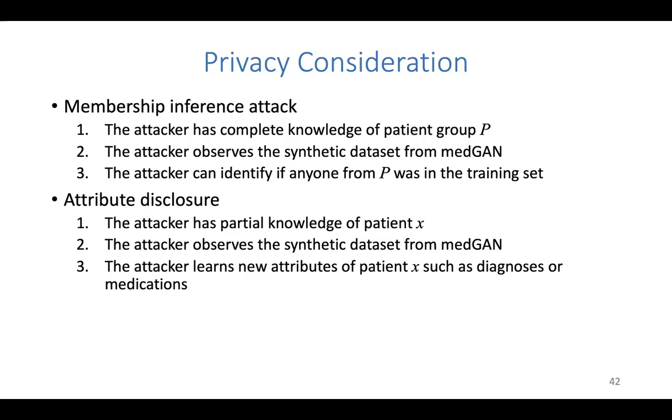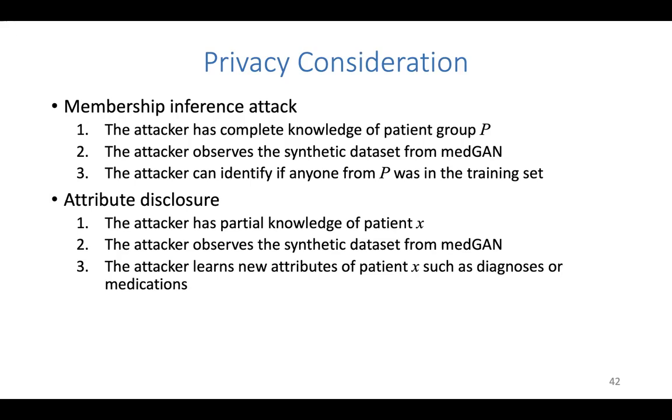But the attacker does not know if John had any other diagnoses or medications, such as cancer or pneumonia. The attacker only knows heart failure and hypertension, and that's it.